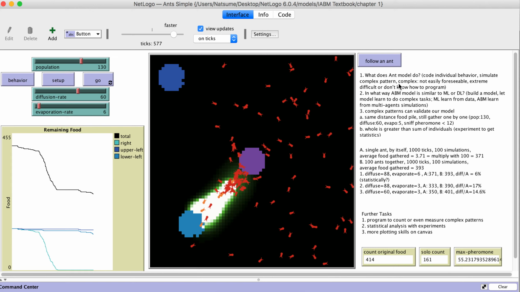But coming back to the essential question we're trying to answer in this video: what is a complex pattern? The complex pattern, in one sense, is that the pattern the ant colony performs or demonstrates is beyond our assumption, beyond our prediction.